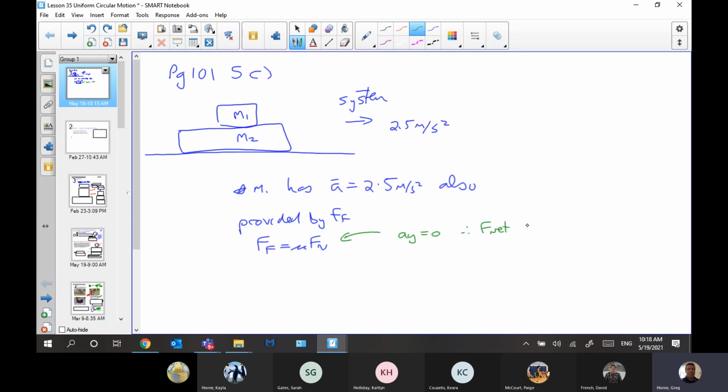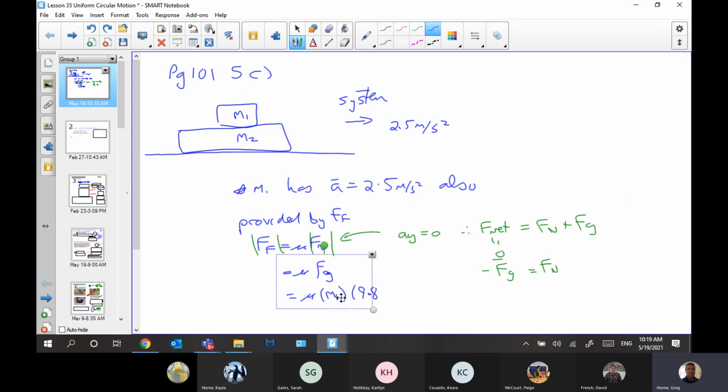Therefore, F net in the y direction, a normal force and a gravity force on M1, equals 0. So the normal force equals the opposite of the gravity force, and we can put that in. We end up writing the coefficient we're looking for times Fg, which means mu m g, so mu times M1 times 9.8. And that's our friction force.